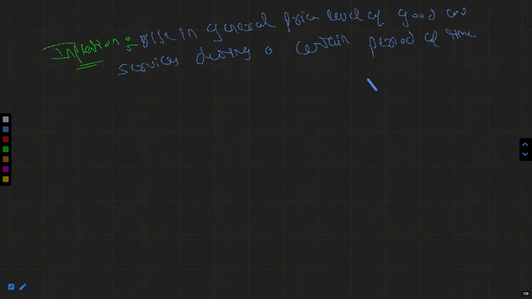Basically, inflation often occurs by the increase in money supply in the economy. That is not the sole reason, but one of the major reasons behind inflation. Suppose there is an increase in the money supply.